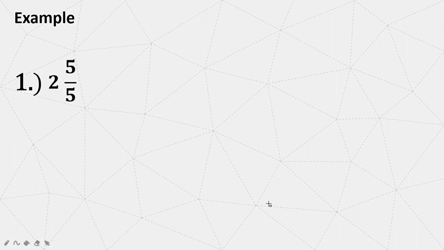So, how about if mixed number naman? Example. So, may number 1 tayo dito. So, let's say we have this kind of problem. We may encounter kind na ganito. So, we have 2 and 5/5 times 3 and 20/2.